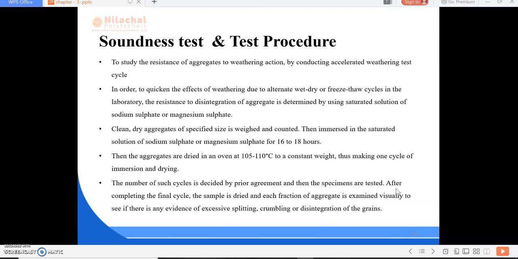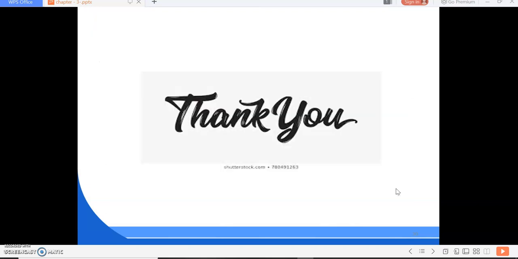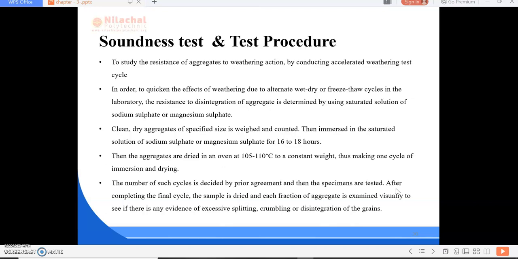After completing the final cycle, the sample is dried and each fraction of aggregate is examined visually to see if there is any evidence of excessive splitting, crumbling or disintegration of the grains. In this way we conduct the soundness test, using saturated sodium sulfate or magnesium sulfate solution.